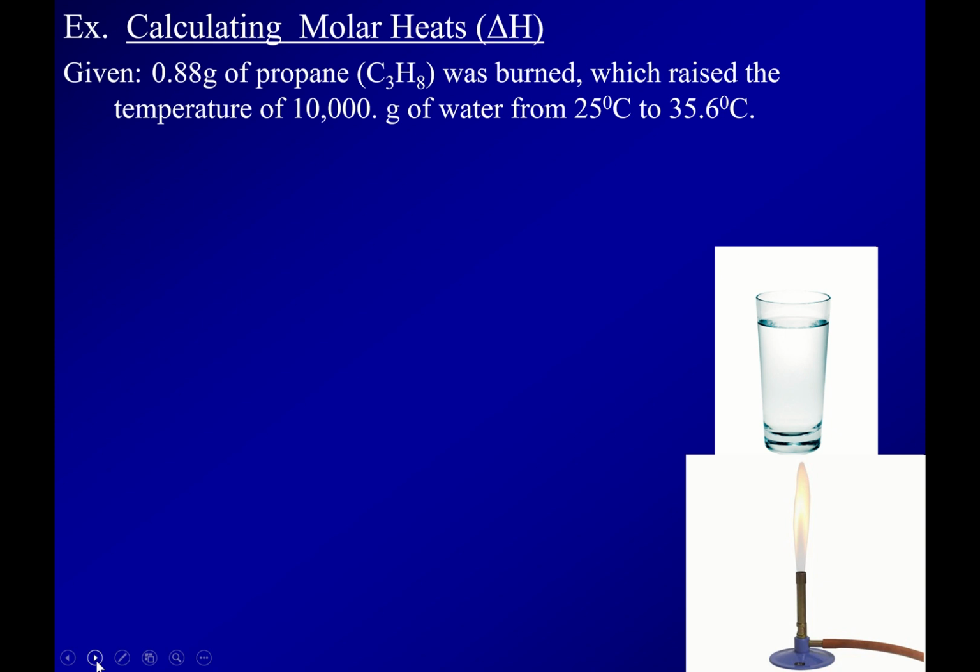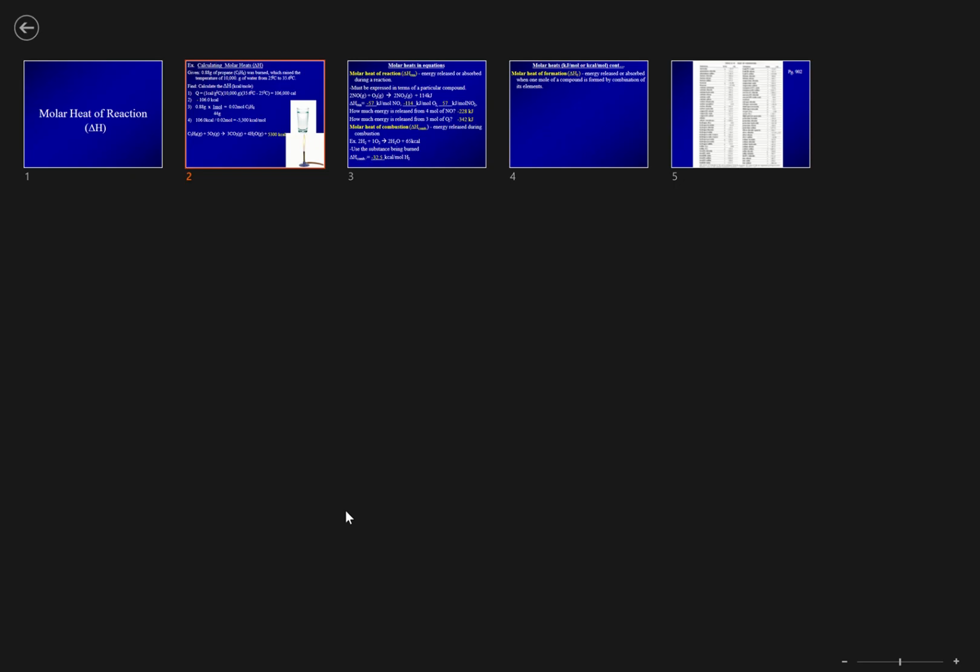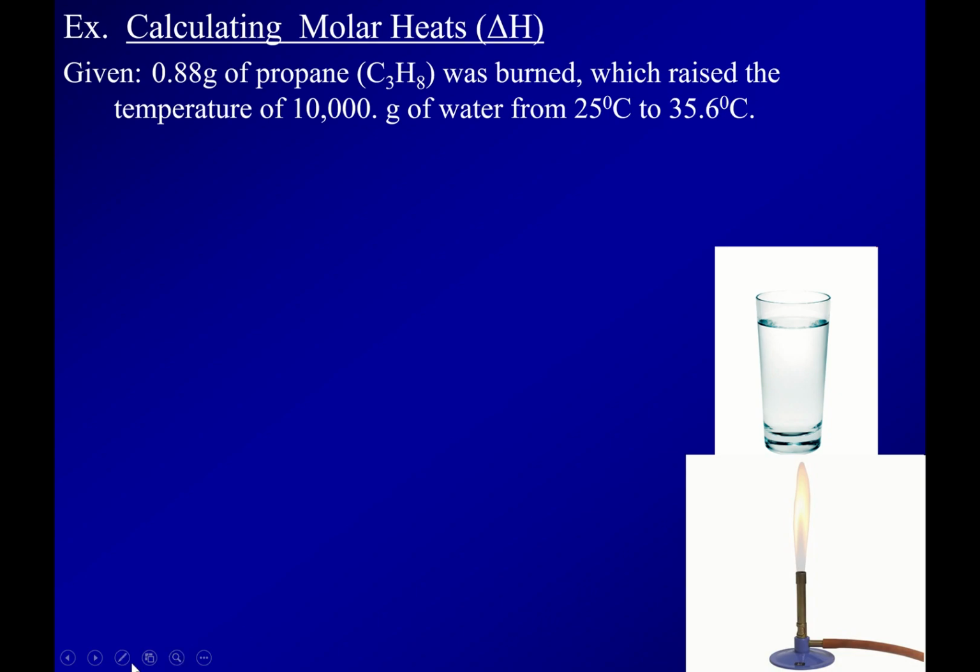It's pretty straightforward. If we have a sample problem, and we have 0.88 grams of propane. We're going to go ahead and calculate the delta H of reaction, molar heat of reaction for propane. It was burned, and what we did here is we have our propane.